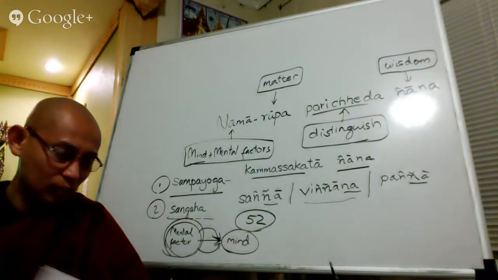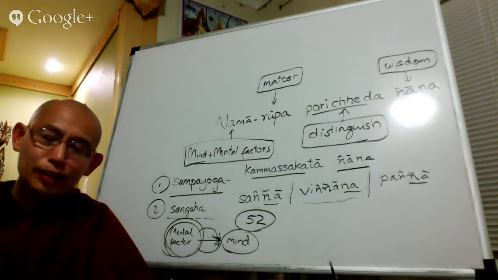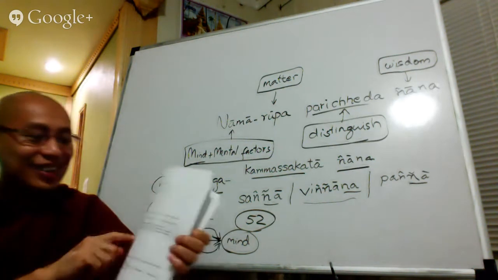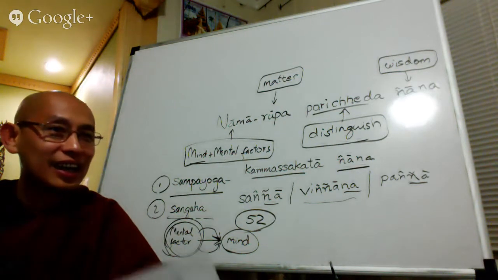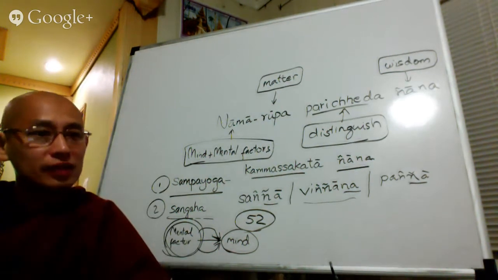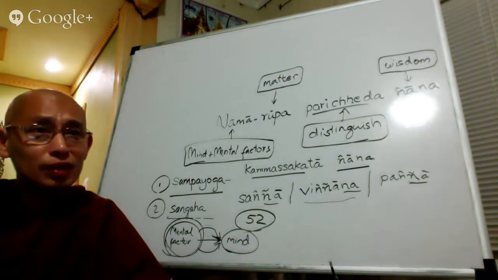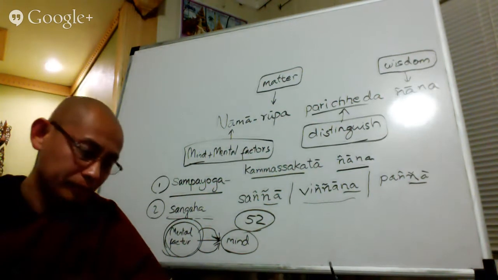The table is much easier to understand, but the notes are very short, so you don't understand easily. Page number 767.